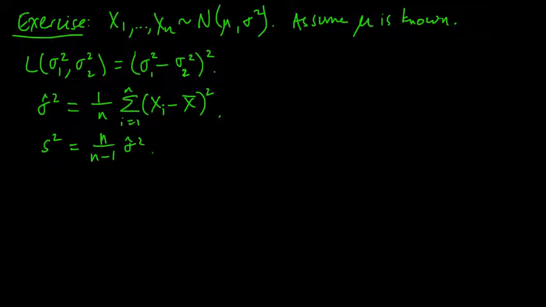More generally, this might suggest we could define S_c squared to be sigma hat squared times c, for some constant c. So c is some positive real number, or non-negative at least.